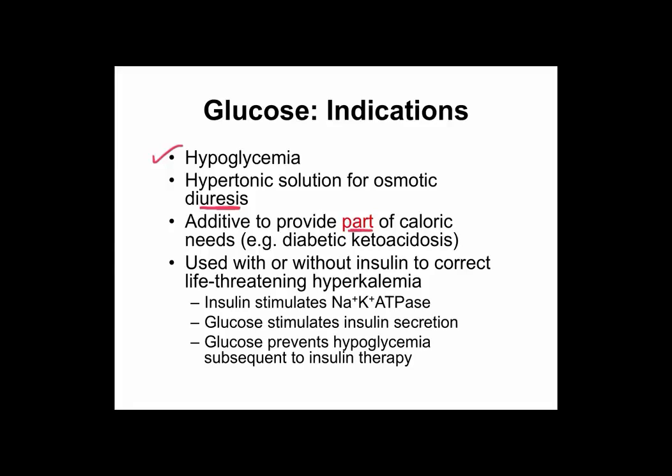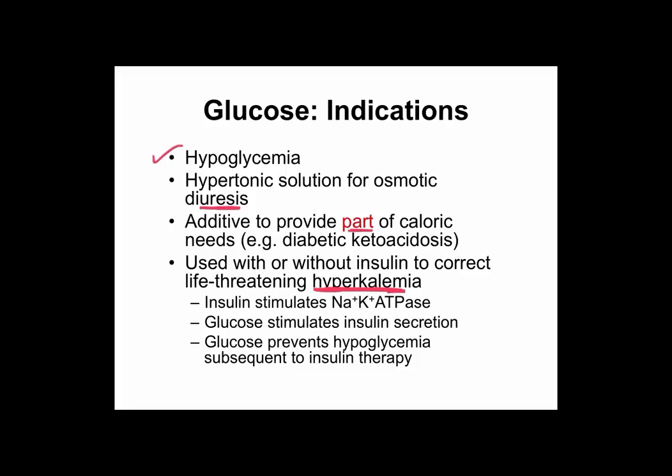You definitely can use it separate from a diabetic situation in an animal that has hyperkalemia. This is due to the fact that insulin stimulates sodium potassium ATPase, which will actually help correct hyperkalemia.